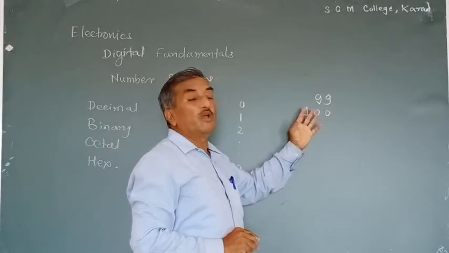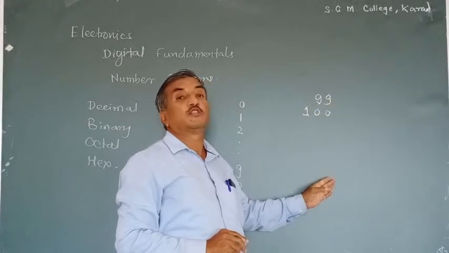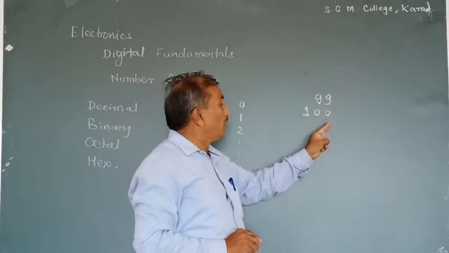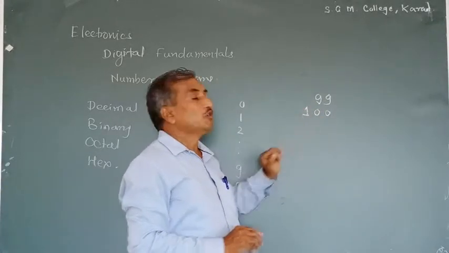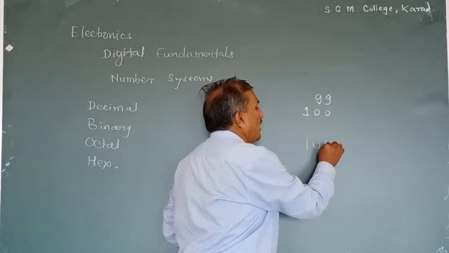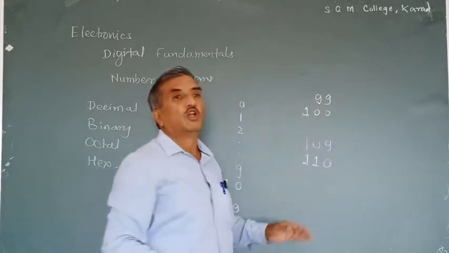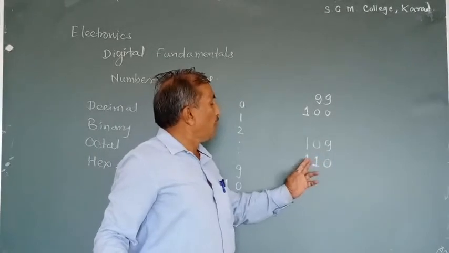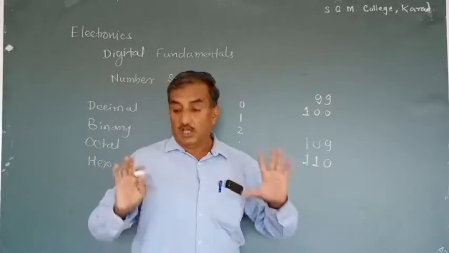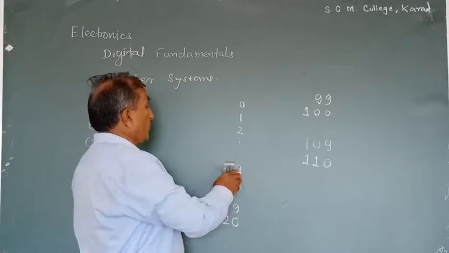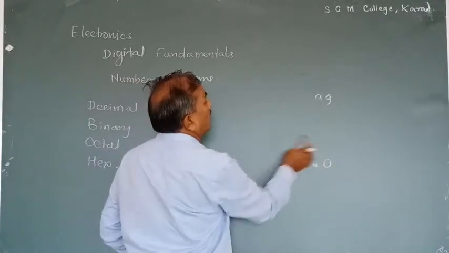Then 1, 0 is maintained as it is, and we use all 10 symbols again: 1, 0, 1, 1, 0, 2, 1, 0, 3, up to 1, 0, 9. Again reset this column, increment this, and it becomes 1, 1, 0. Then 1, 1, 1, 1, 1, 2. In this way, we count progressively in the decimal number system.